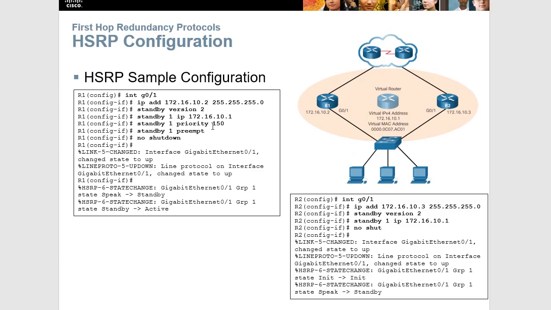If router 1 goes down, then this one's going to have the same IP address. These computers are still sending to the same IP address. It's just going to go through router 2 instead of router 1. Okay, so remember, this is the virtual IP. You go standby and then some number first. All right, that's basically all there is to it.